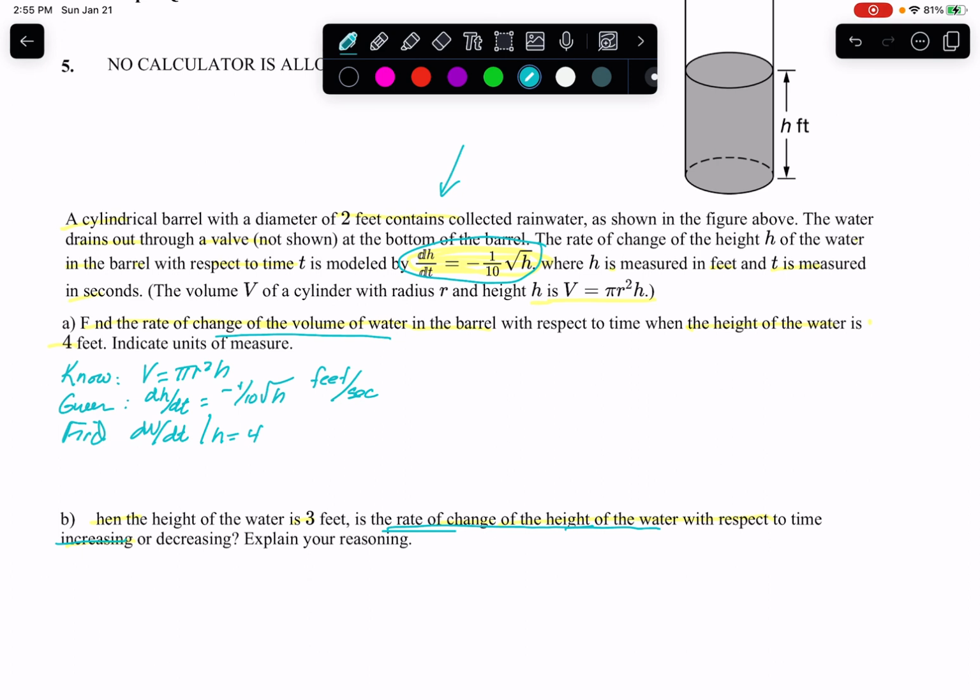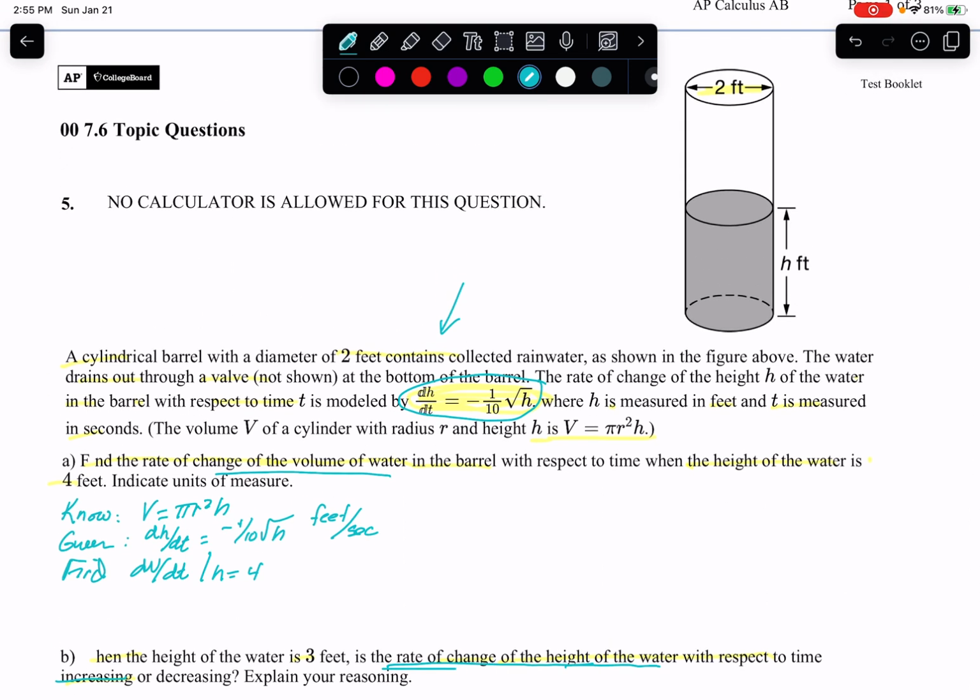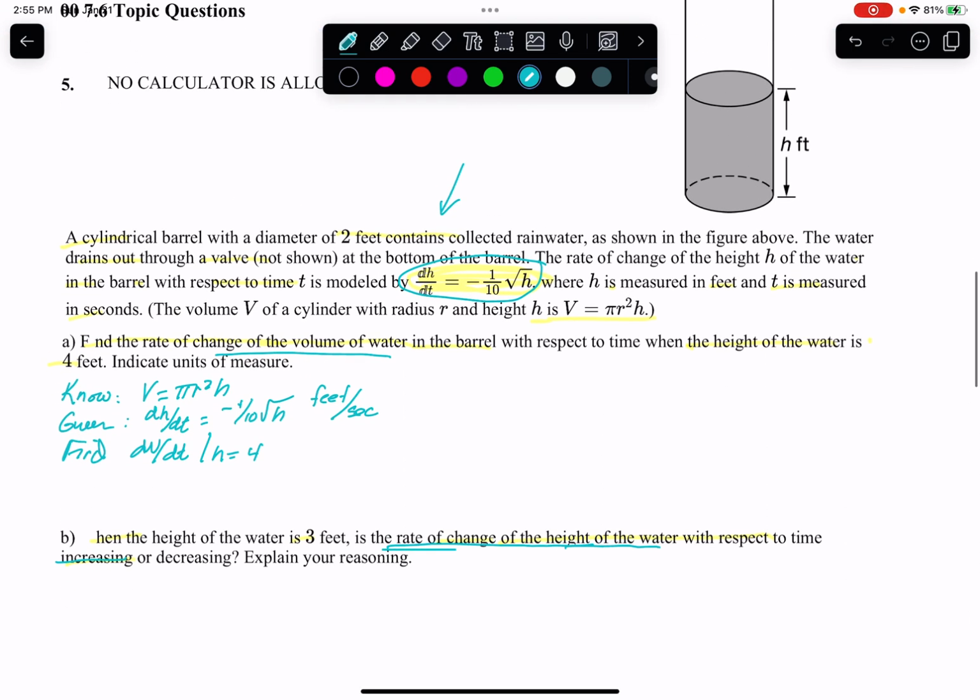All right, so we know we're going to use that formula, and we know that dr/dt is not changing because the radius is going to be the same. So let's see what happens when we take the derivative of V. So dV/dt is equal to 2 pi r dr/dt h plus pi r squared dH/dt.